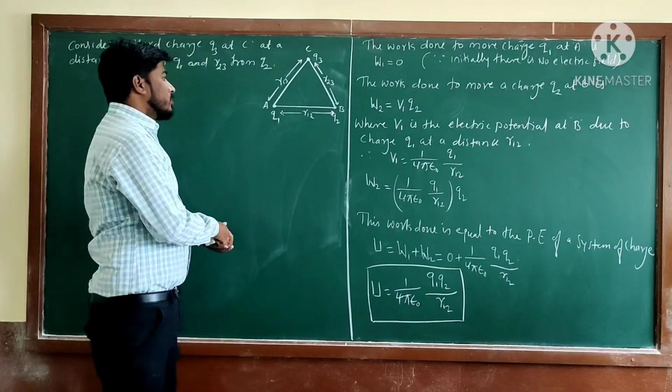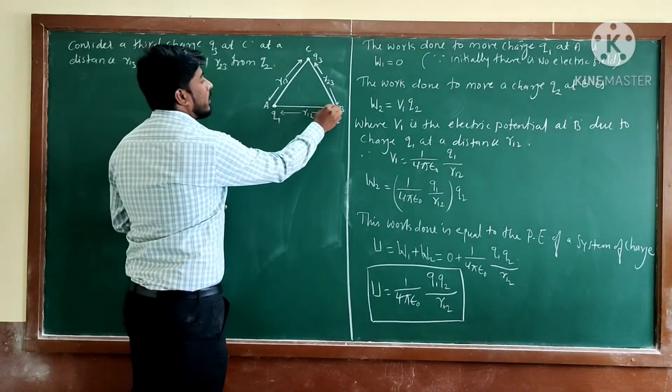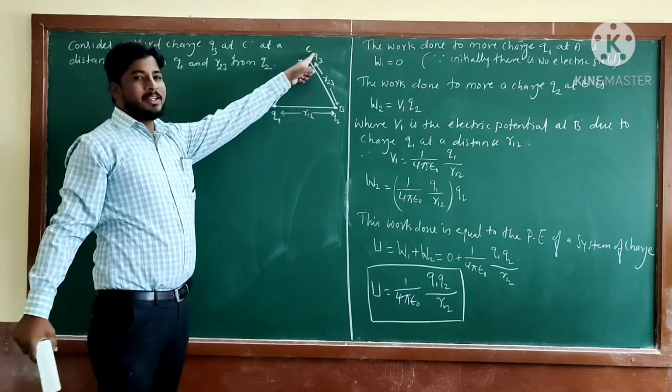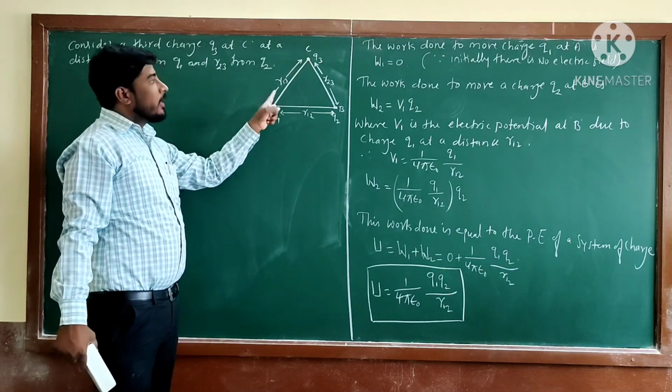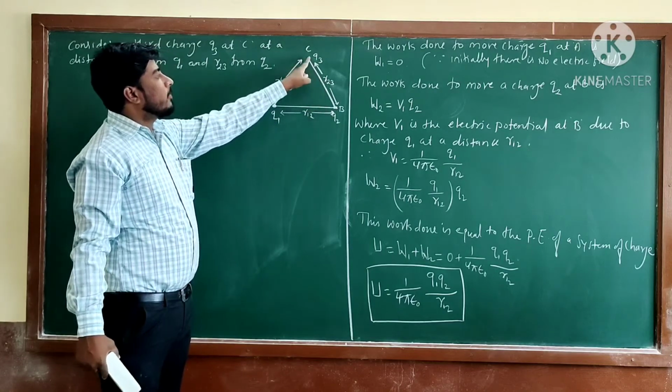Earlier we have seen that there are two charges separated by distance R12. Now there is a third charge present at C, at a distance R13 from Q1 and R23 from Q2.